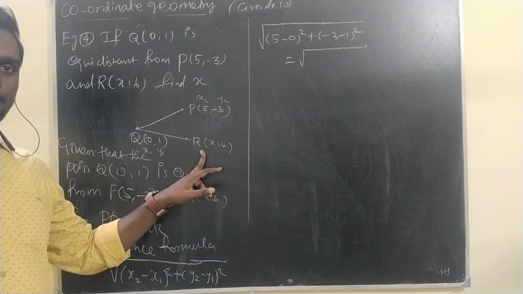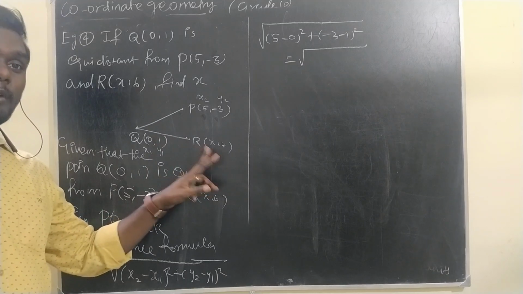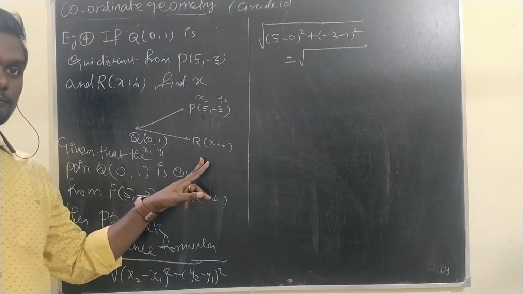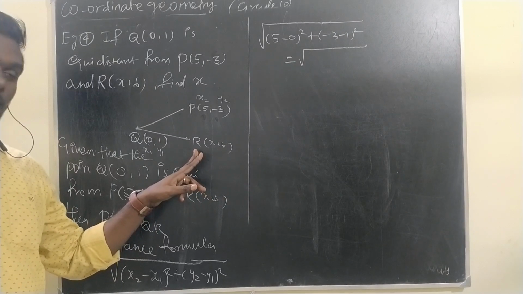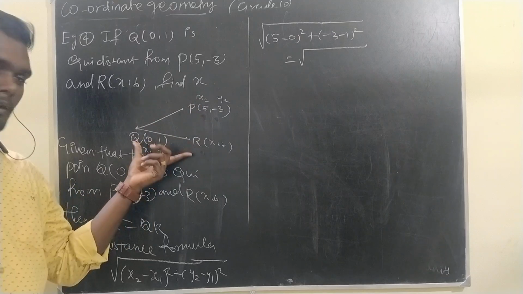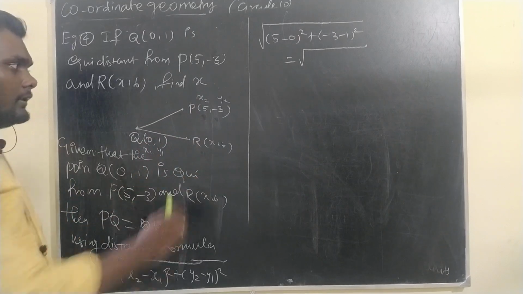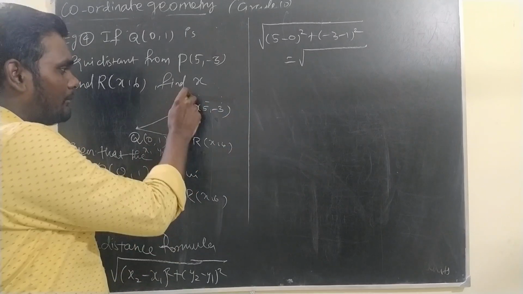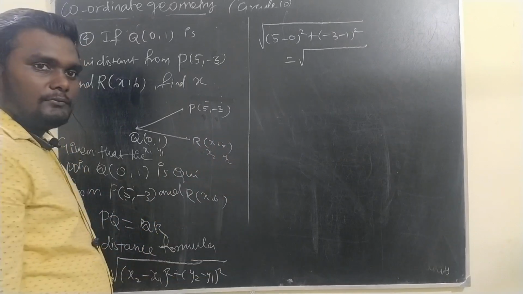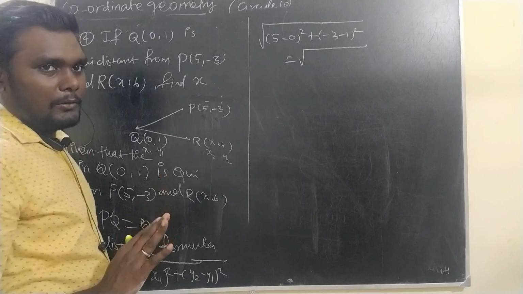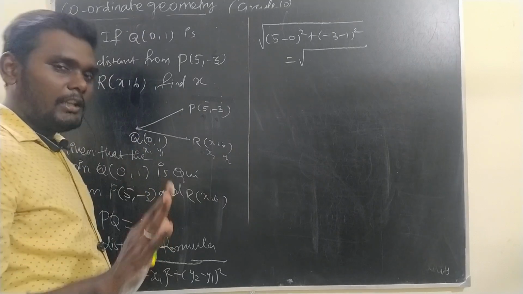Now we have to be very careful. For QR, our x2, y2 values will be changing. These two we have to focus on. You can erase this or simply strike it out using a pencil and mark here new x2, y2, in case you can't follow, because surely you will get confused.